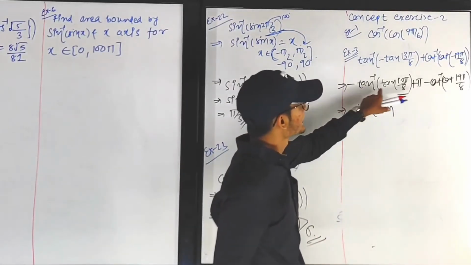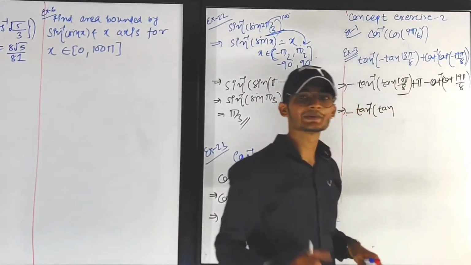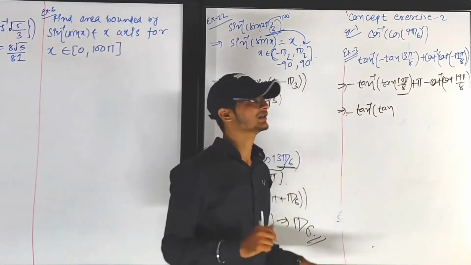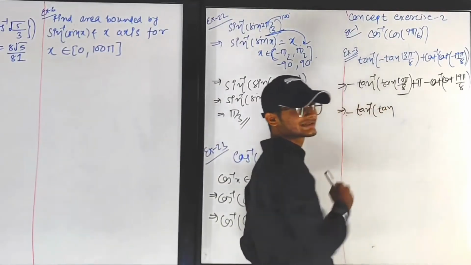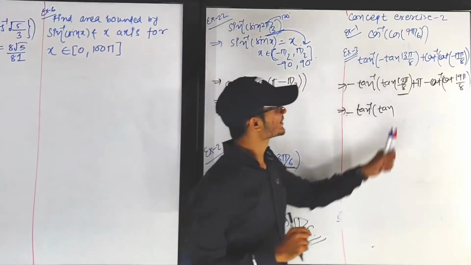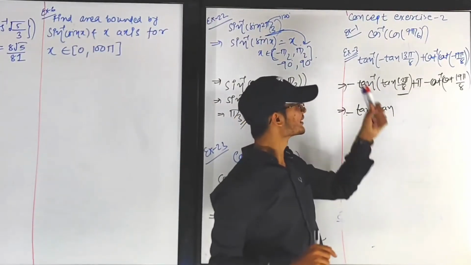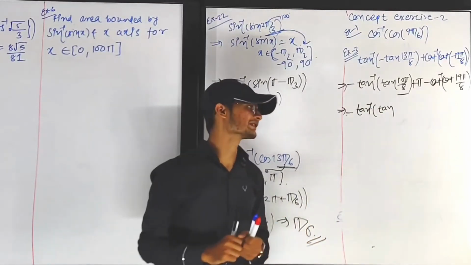Tan inverse and tan cancel out if and only if 13 pi by 8 lies between minus pi by 2 to pi by 2. What is the range of tan inverse? Minus pi by 2 to plus pi by 2. We can only cancel out tan inverse and tan whenever x lies in the range of the given inverse trigonometric function.